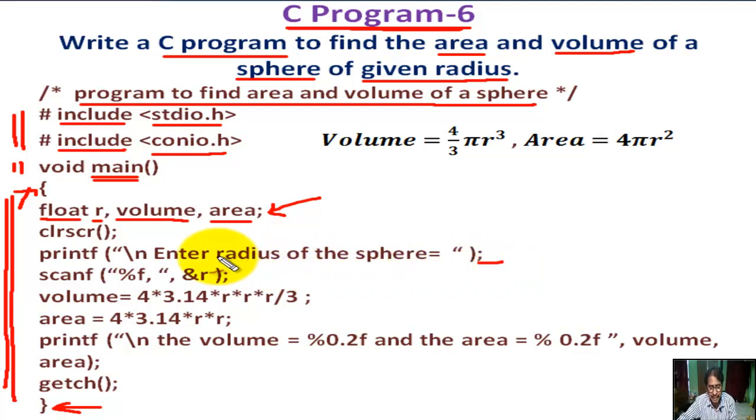Here the printf function only displays this message within quotation. This sentence only displays. \n creates a new line when displaying this message.